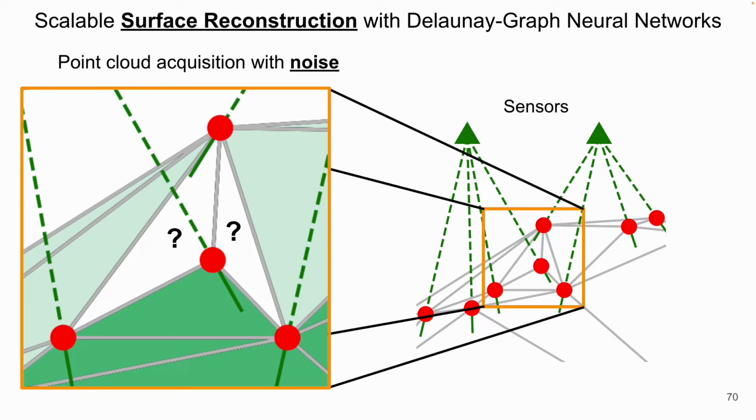So here on the left, this cell with a question mark, we have evidence for an empty and a full classification. So this is evidence for an empty and this is evidence for a full classification. And on this cell here, our input point cloud and visibility information is simply not dense enough to identify empty or full space. So we have no evidence for empty or full classification here.